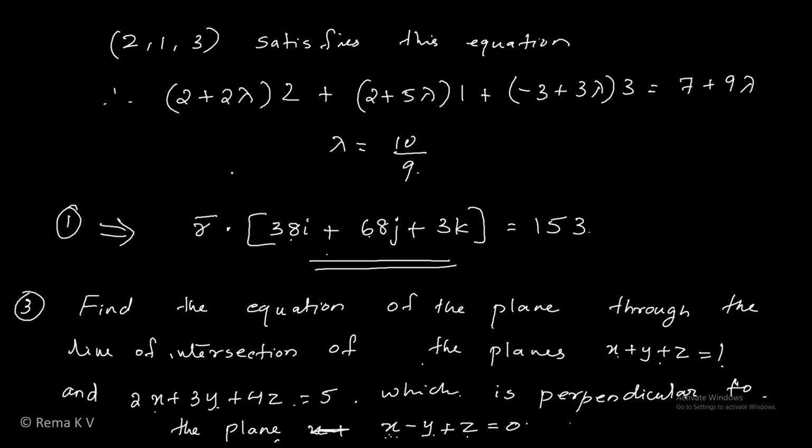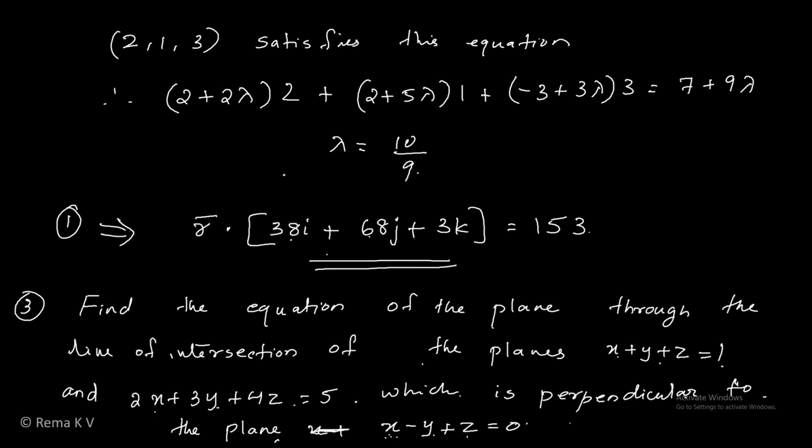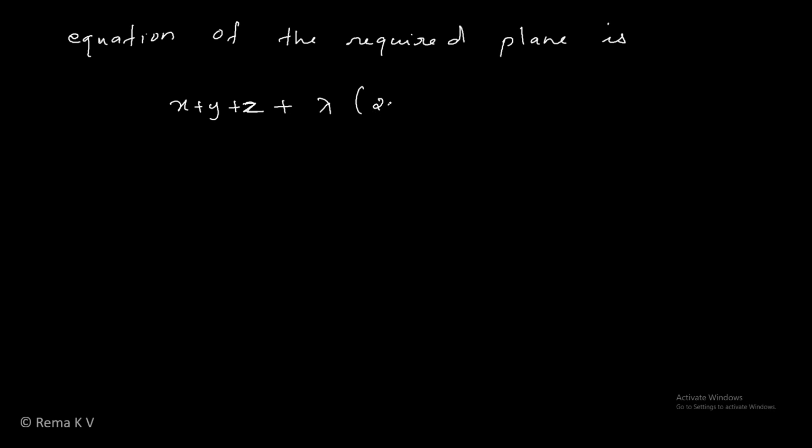So the equation of the required plane is x plus y plus z plus lambda into 2x plus 3y plus 4z equals 1 plus 5 lambda.